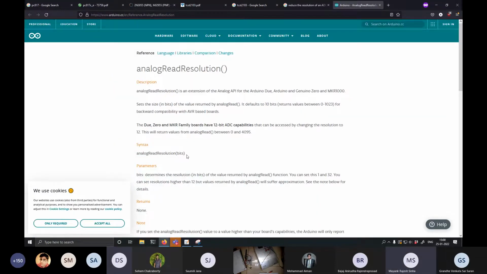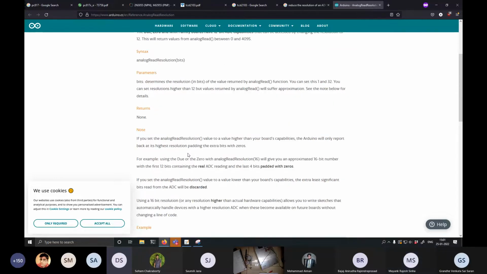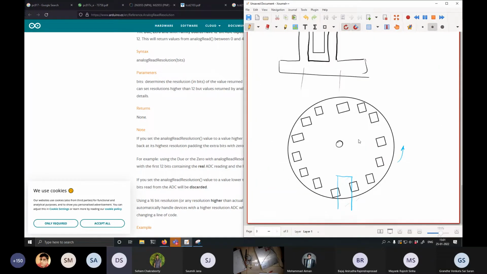Excuse me, sir. So what exactly is the resolution? Is it like the accuracy? Yes, the resolution is how small a voltage you can resolve. I imagine you might have done it in DIY lab. Say you have a voltage ramp like this.